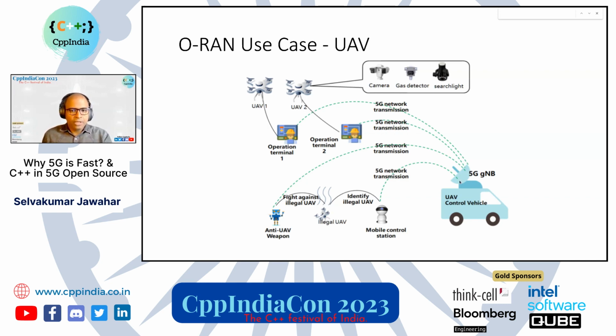So in the same single cell, there are multiple use cases here, different service use cases. For these UAVs, the use case is a very high bandwidth upload because they are sending real-time data, real-time video streams. But for the anti-weapon UAV and mobile control center, it does not care about the data throughput because the control data is very low bandwidth, but it cares about the latency. So you need a very low latency here because it has to send signals immediately to destroy this UAV.